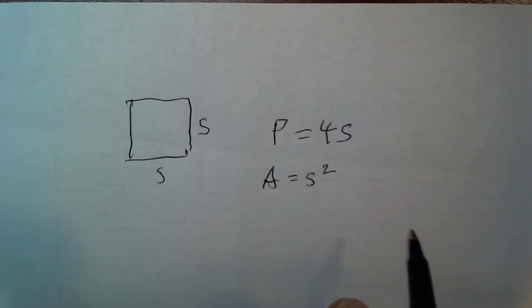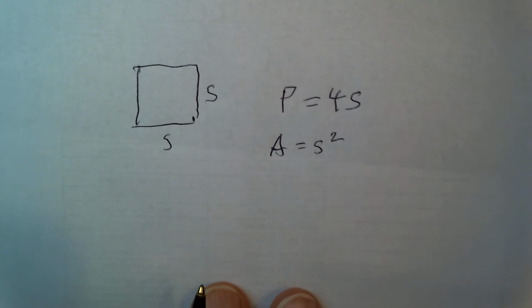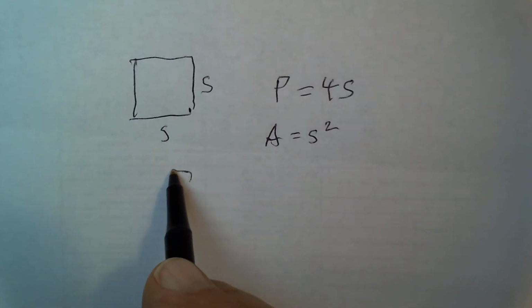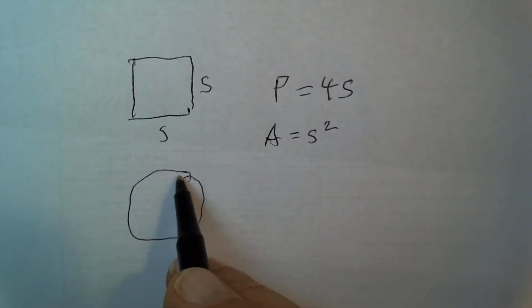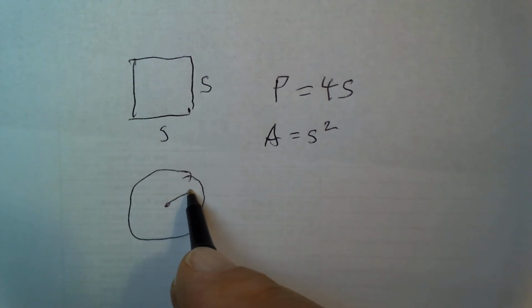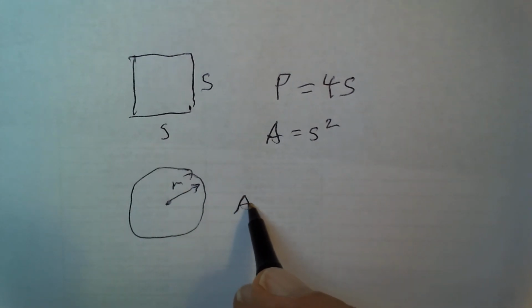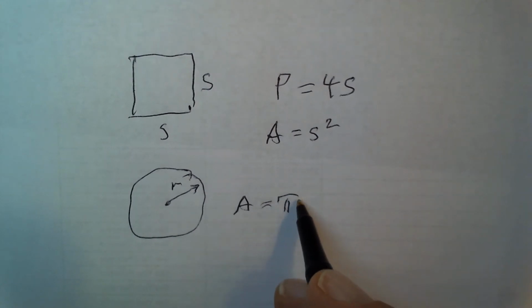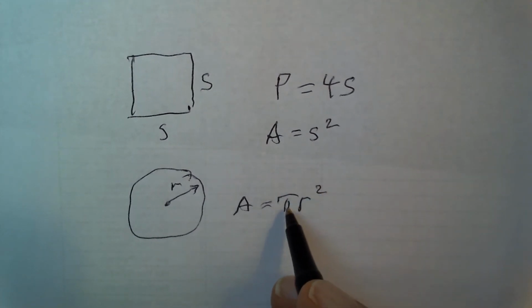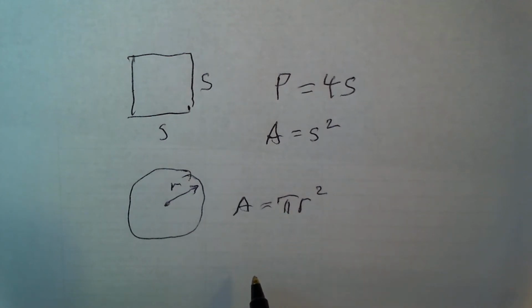And there are a lot of formulas you're familiar with. Maybe the area of a circle with radius r. This is supposed to be a circle, and here's the radius r. Then we know that the area is equal to pi times r squared, where pi is a special number. It's an irrational number. More about that later.